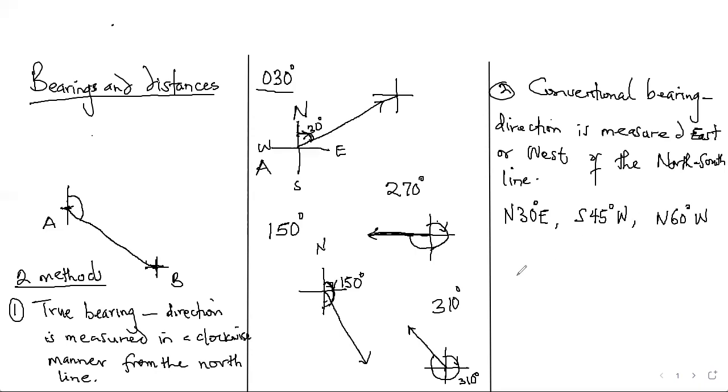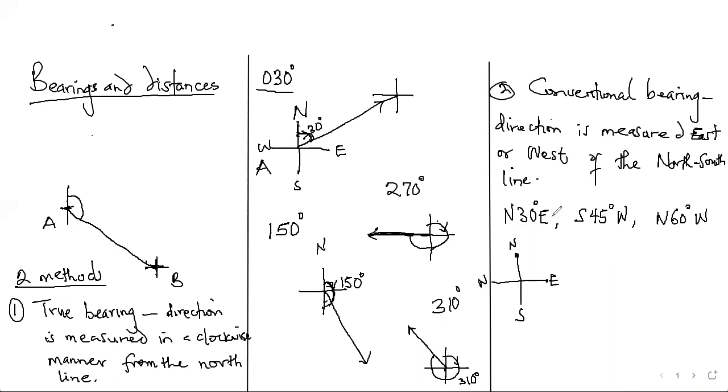So we use the north-south line. If I want to locate north 30 degrees east, I will draw the cardinals. It's important you know how to represent the cardinals correctly. Because this is northeast, my angle will be between the north and the east, but the angle will be measured either from the north or from the south, depending on whether you have north and something else or south and something else.